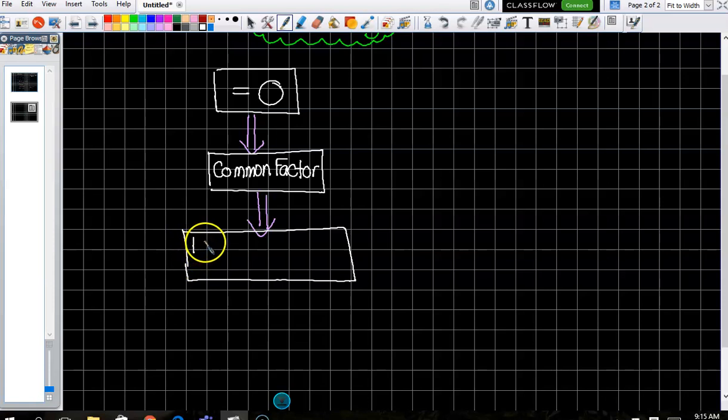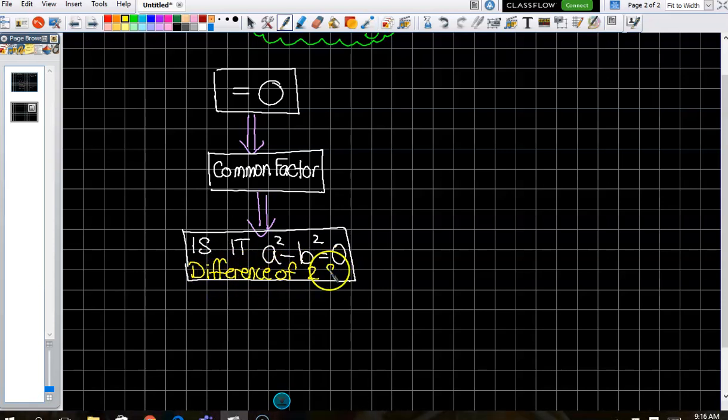I'd then be saying, does it look like a squared minus b squared? What is that called? Do you remember? That's not a perfect square. It's got square in it. Difference of 2 squares.